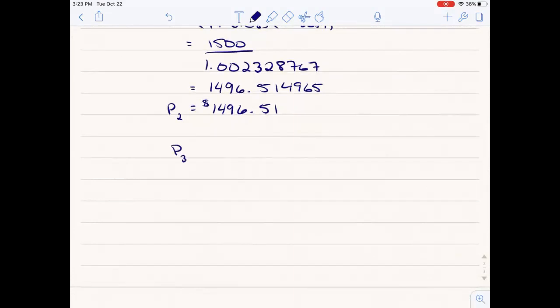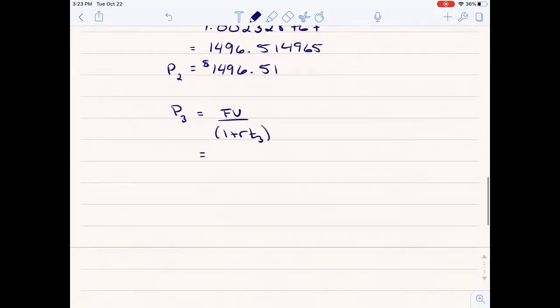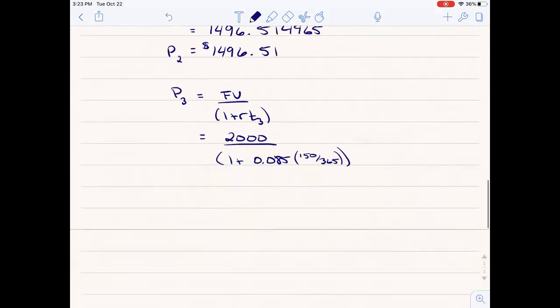Same deal for P3, which is the future value over 1 plus R times T3. The future value for P3 was $2,000 over 1 plus, the rate is still 0.085, times T3, which was 150 over 365. .085 times 150 divided by 365 plus 1.